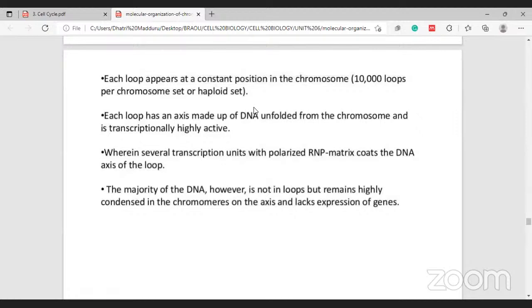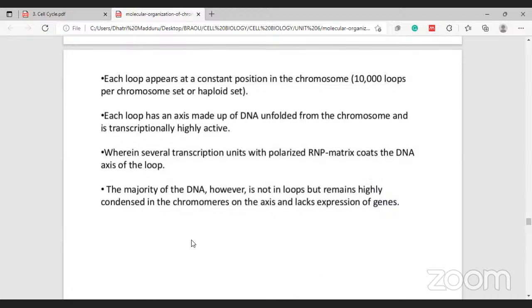Each loop is present at a constant position in each chromosome. The loop has DNA which is unfolded from the chromosome and is transcriptionally active. Various transcriptional units with RNP, that is ribonucleoproteins, are present in the loop of this DNA.